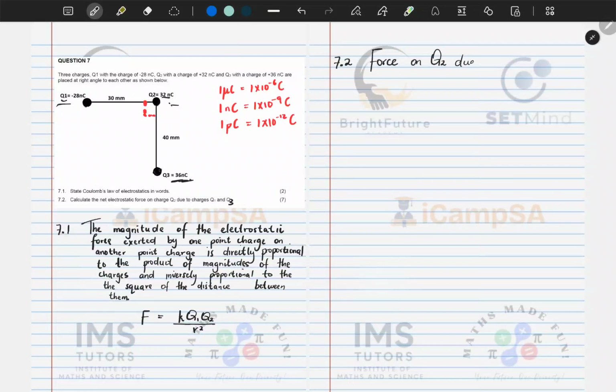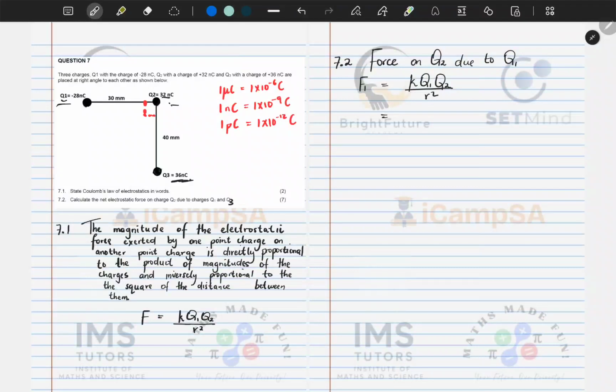We'll call it F1. Of course, one would say F1 on 2, but let's just call it F1 to have a short subscript. It will be k Q1 Q2 in our case, all divided by r squared.